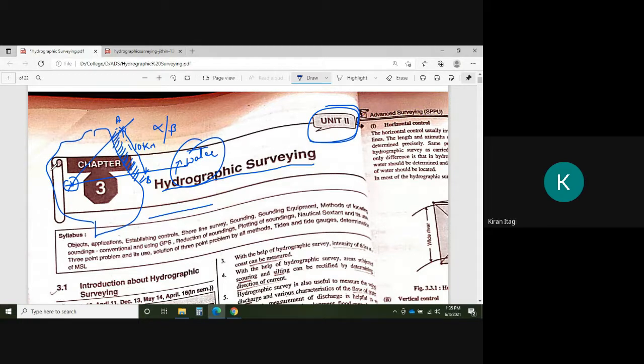So I will keep my telescope or a theodolite at station A and I will measure one angle. At station A, I will get an angle of 30 degree, and from station B I will get an angle of 30 degree.